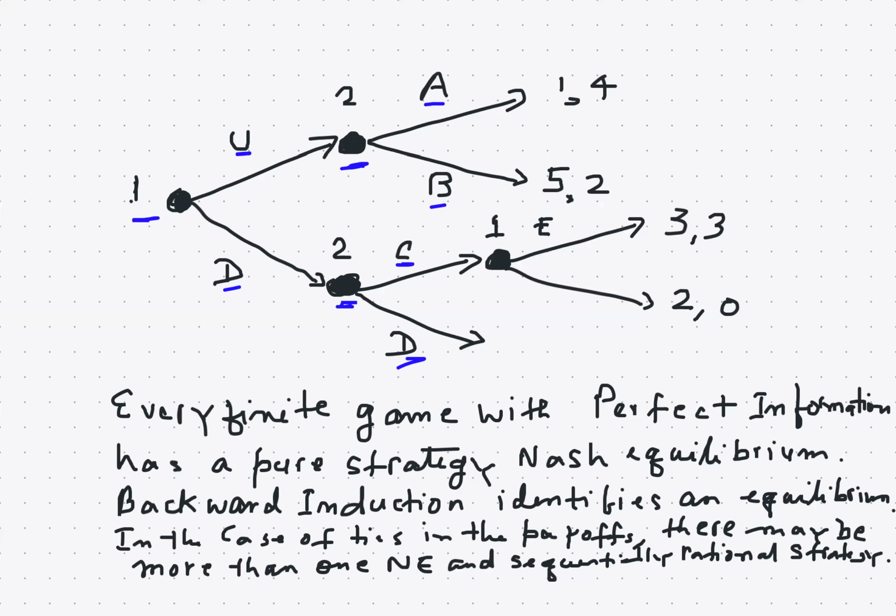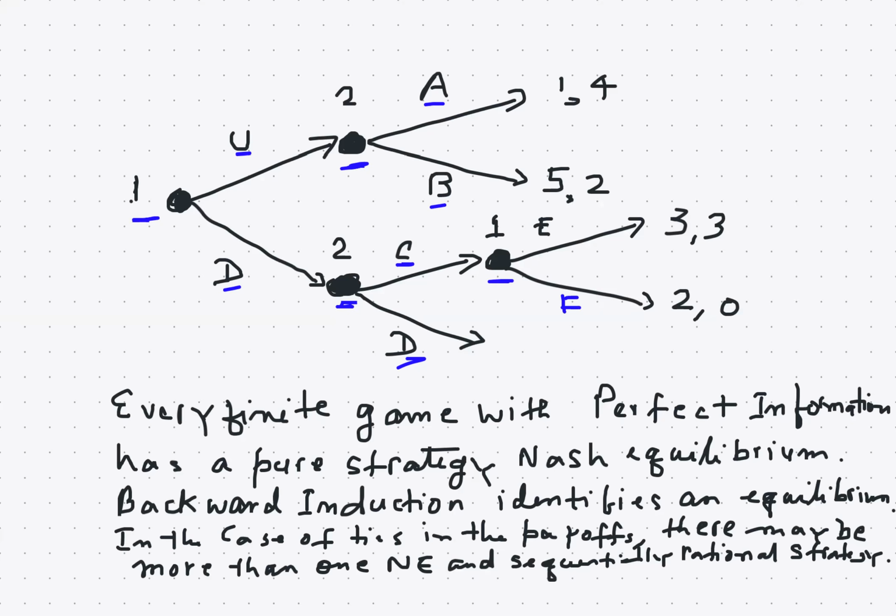If player 2 chooses A or B, the game ends with payoffs of 1 and 4, and 5 and 2. If player 2 at the bottom node chooses C, then the game progresses to the 3rd stage, where player 1 gets to play again and can choose either E or F, and the game ends.